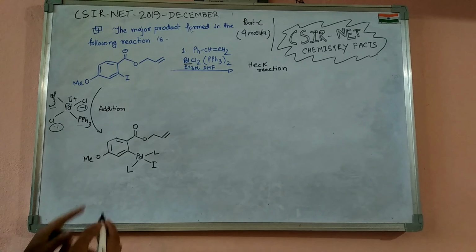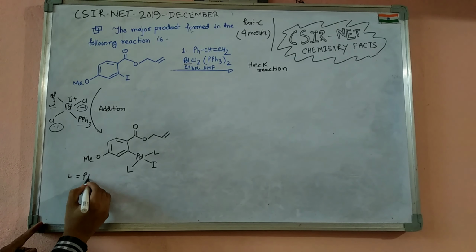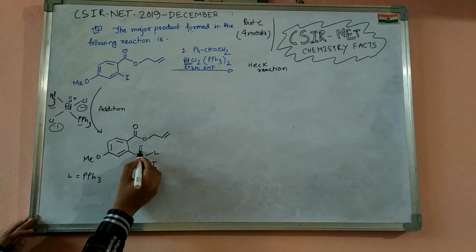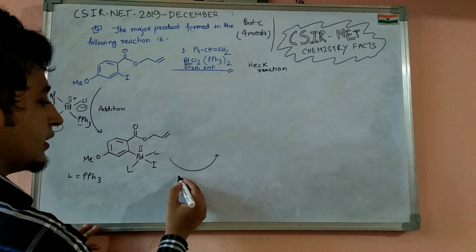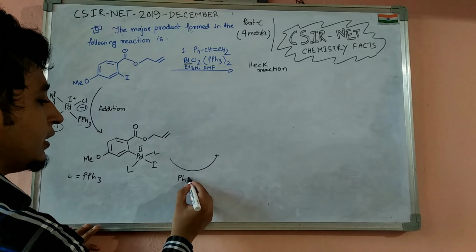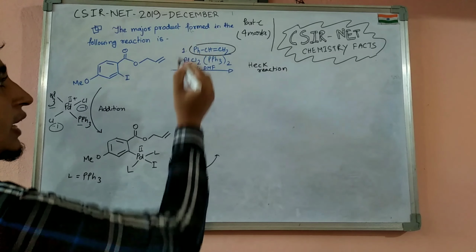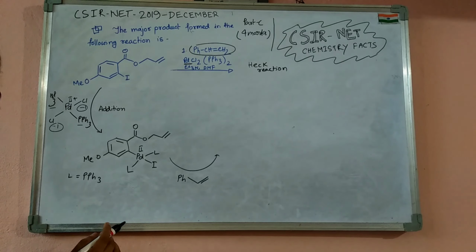And guys, you can see this L is actually representing this PPh3, okay? Since L is equal to PPh3. And this palladium is actually +2 in oxidation state. Now, styrene is given inside this. So, styrene is given as a reactant, right? So, it will react here and it will form a pi complex.